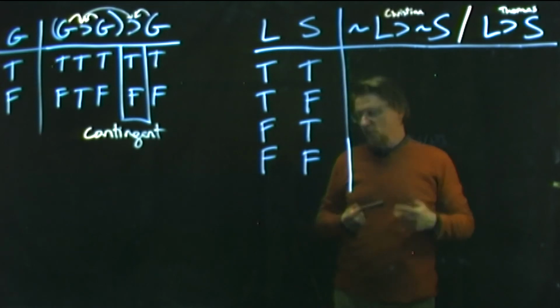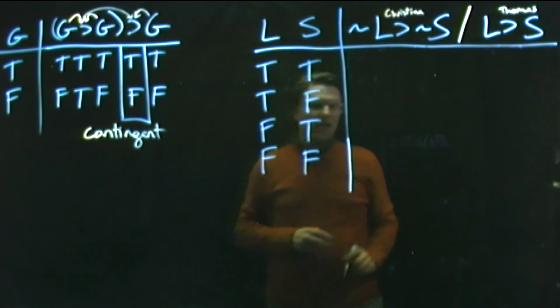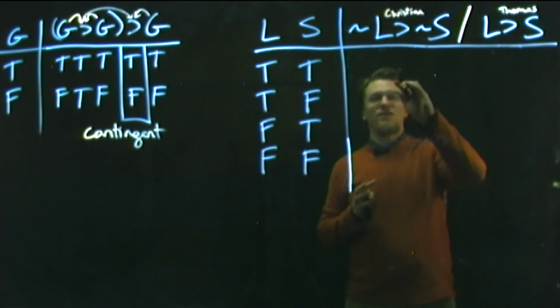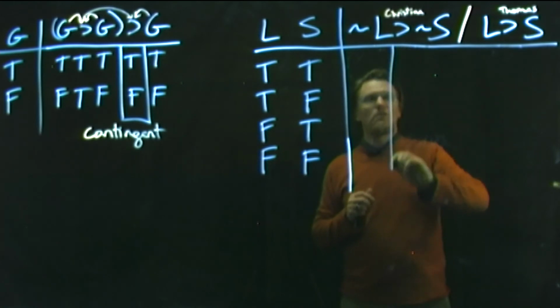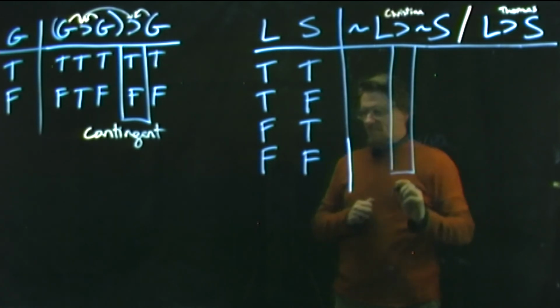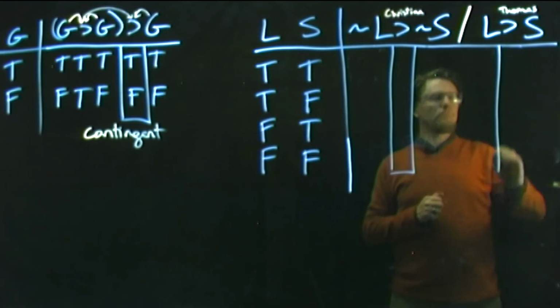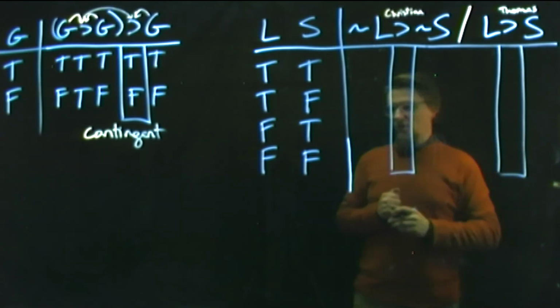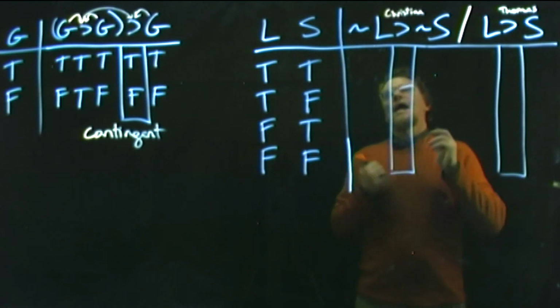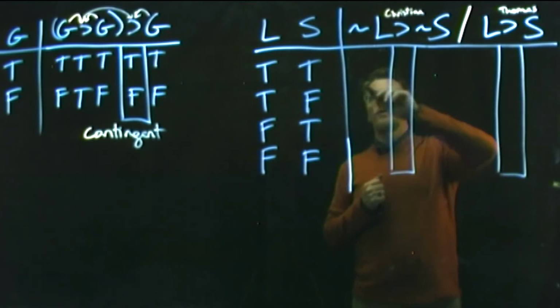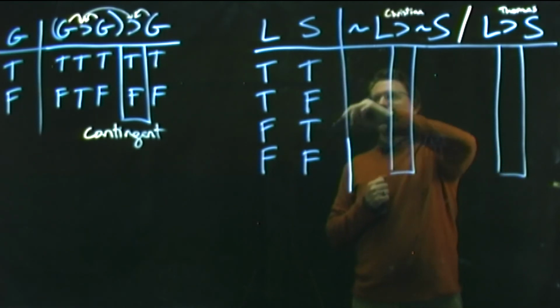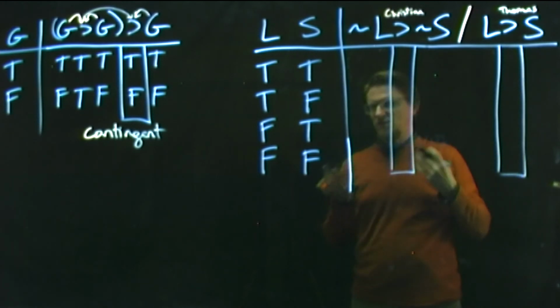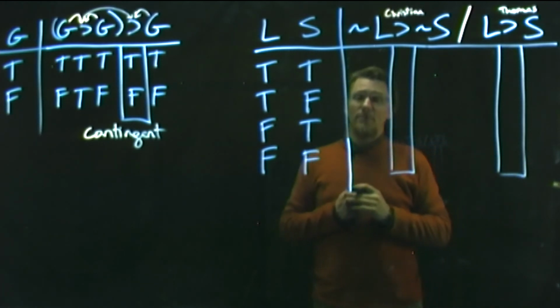And of course, before we get started on anything else, as always, we want to make sure we identify the main operator columns for these two statements. Those two main operator columns look like this. We are now simply going to plug in the L and the S values. I'll do it all the way across to do it a little more efficiently.